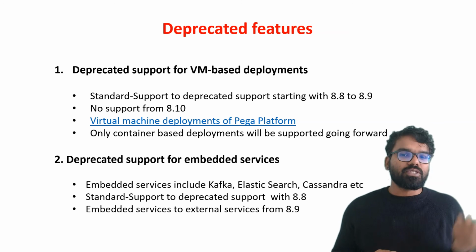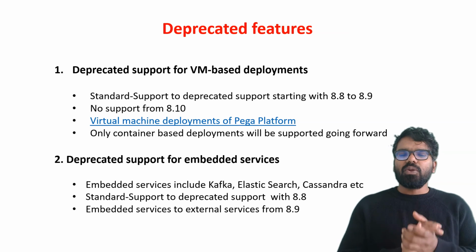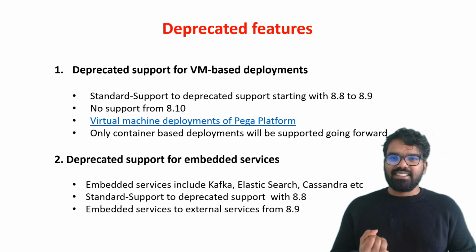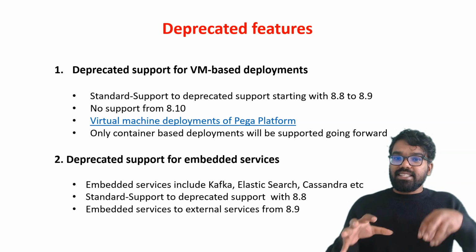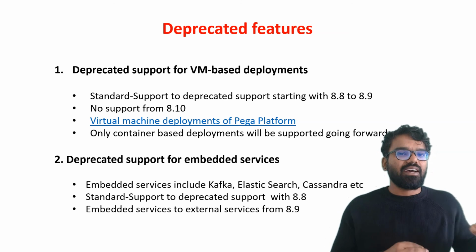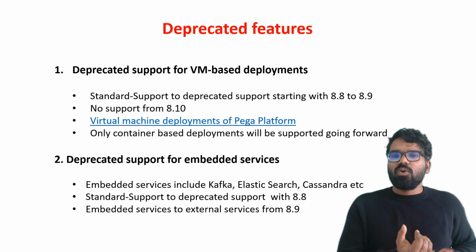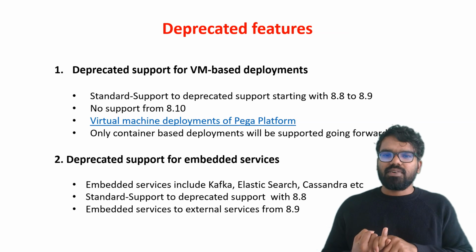And the next thing is the most expected one, deprecated support for the embedded services. We already know that Pega is holding Elasticsearch, Kafka, everything embedded into Pega's package or into the Pega server in which Pega runs, right? Now, if you take a lot of organizations, usually they will have their own Elastic server, they have their own Kafka server.